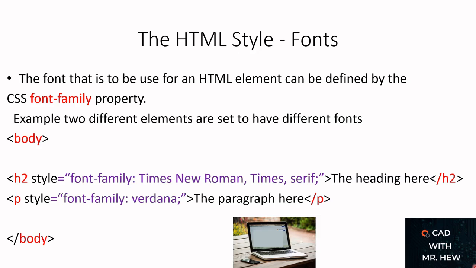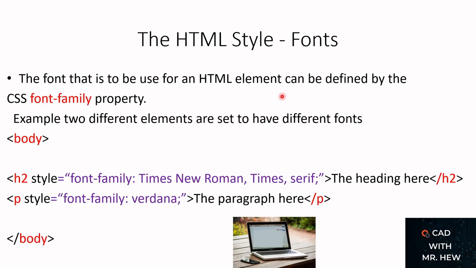Now let us look at HTML style fonts. The font that is to be used for an HTML element can be defined by the CSS font-family property. Now here we have two different examples of elements that are said to have different fonts.